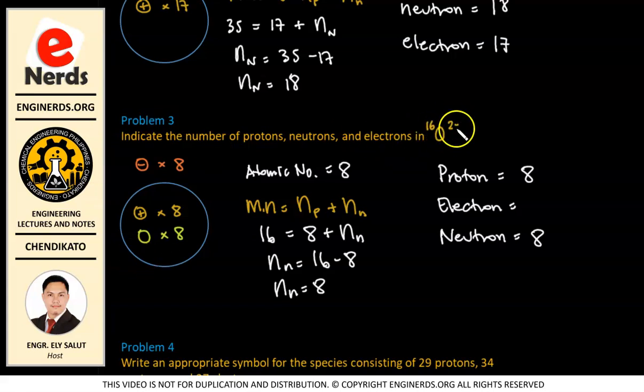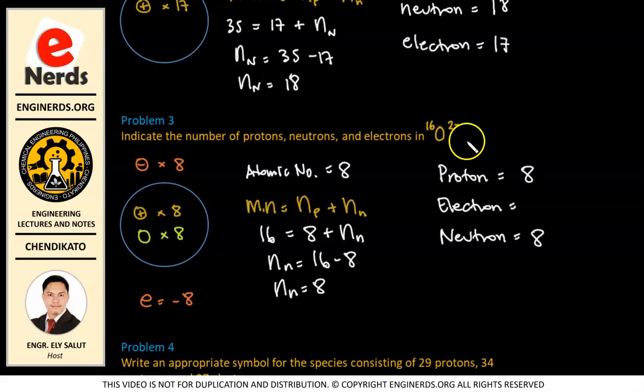But we have -2 here. So what does it mean? We have to remember that our electron charge here is -8, because we have 8 negatively charged electrons. So 8 times -1 will be -8. Now, if we have a -2 charge here, what are we going to do? Are we going to add 2 or are we going to subtract 2?